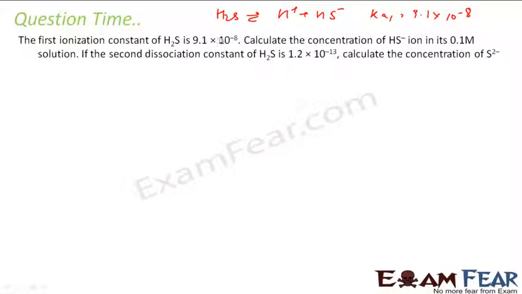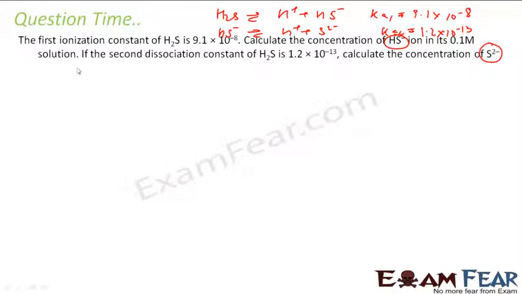The second ionization constant for this is 1.2 into 10 to the power minus 30. You need to find the concentration of S2 minus and also HS minus.